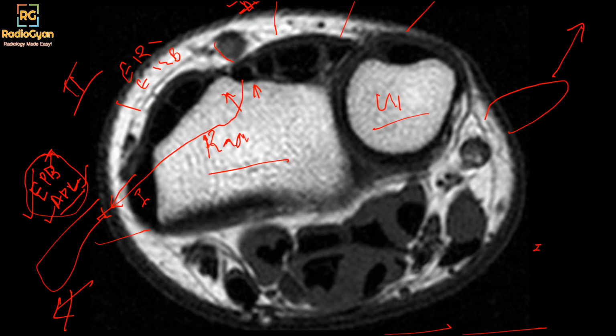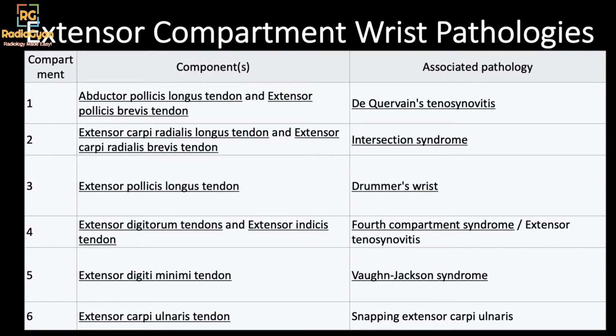So moving on, does anybody know what we find in the third compartment of the wrist? Extensor pollicis longus, as we said, is in the third compartment, and in the fourth compartment we have extensor digitorum tendons and extensor indicis tendons.